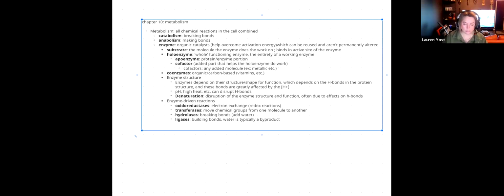So for reduction, you will have loss of electrons, or however you want to look at electron donation. This is how I remember it, which is, Leo says GER.